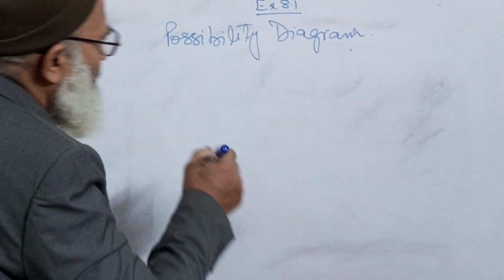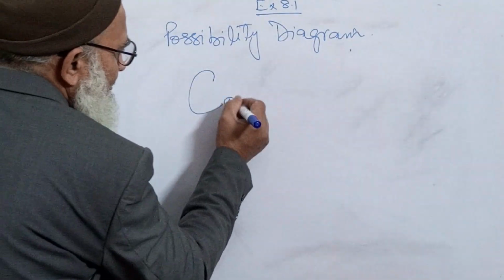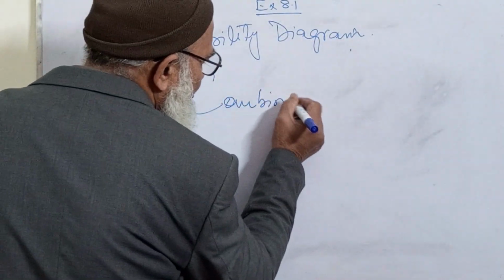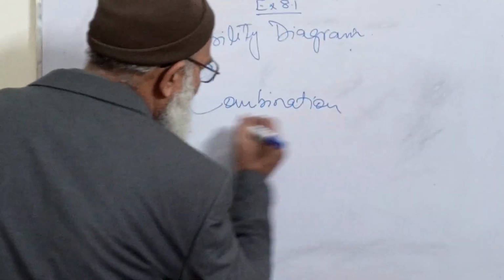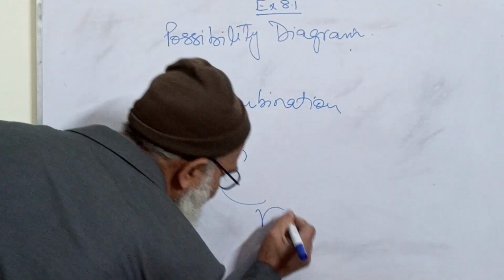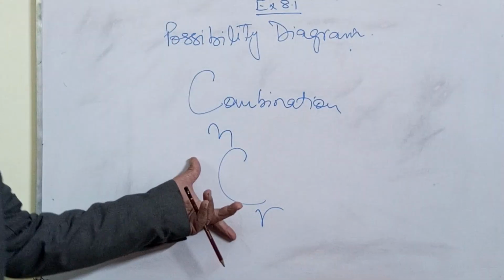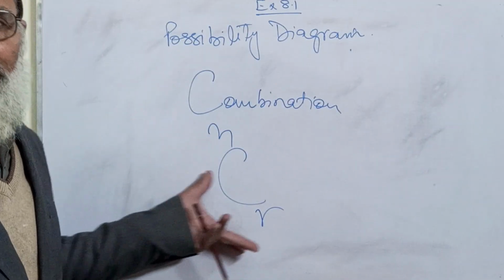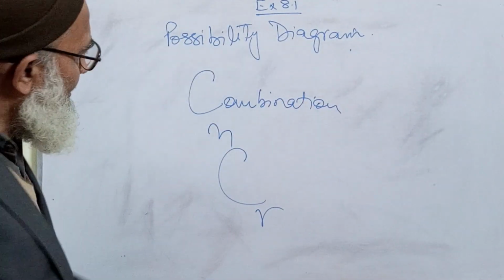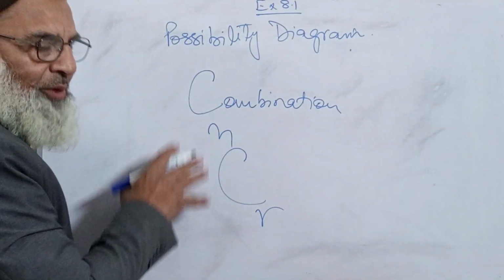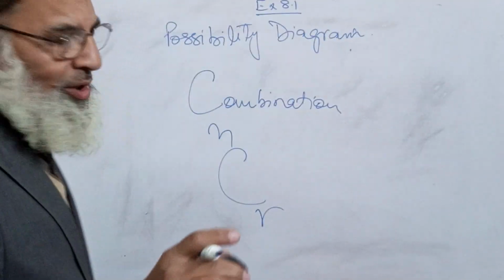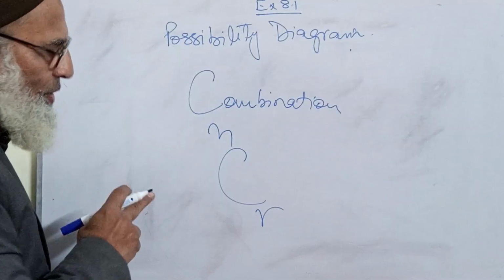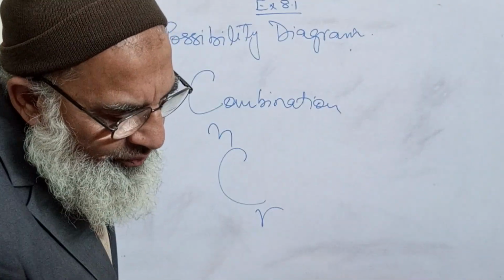You might have heard from me that there is a combination of different things, and what we see is nCr. This will lead you there, but for the time being, I'm not discussing it here, because I think this is beyond your course so far.